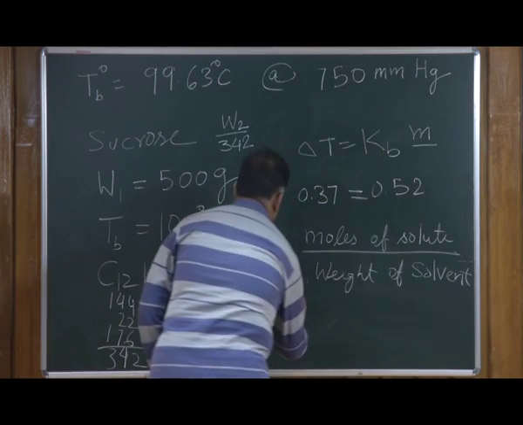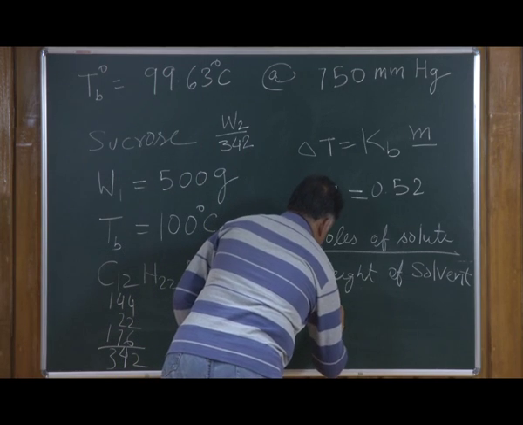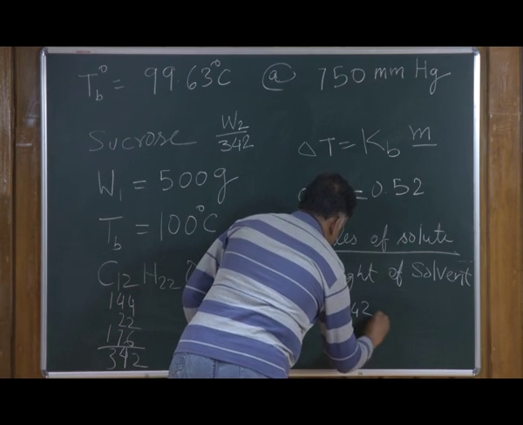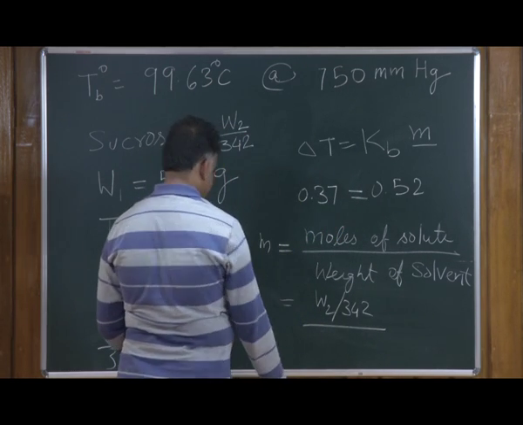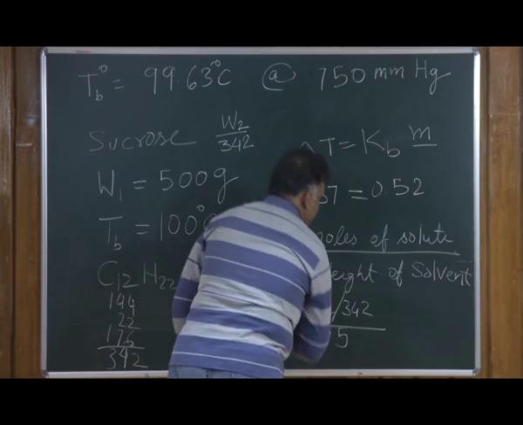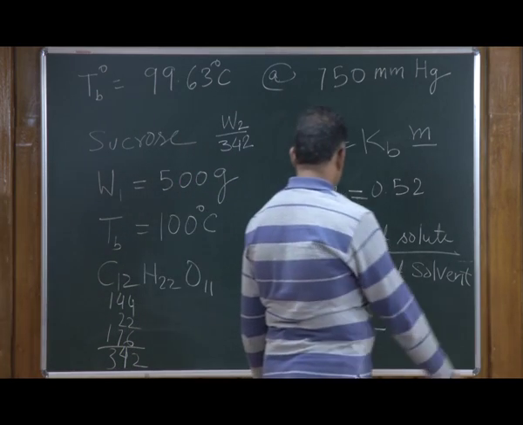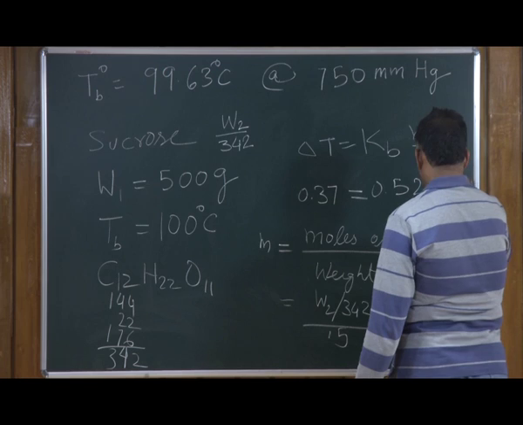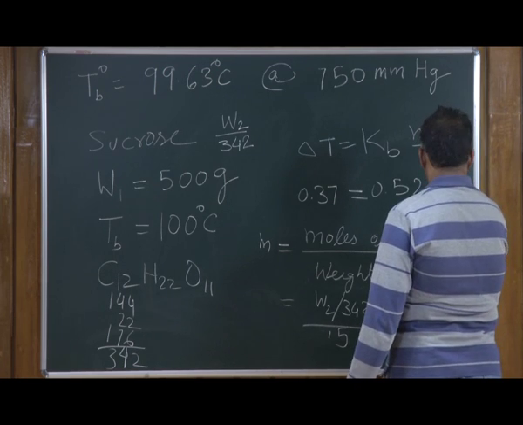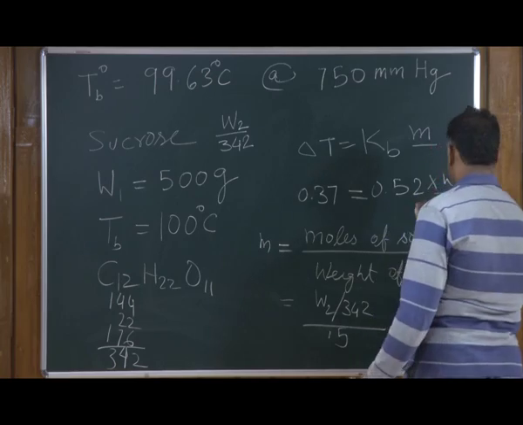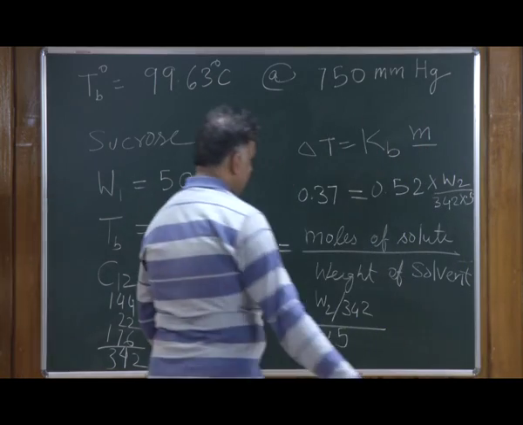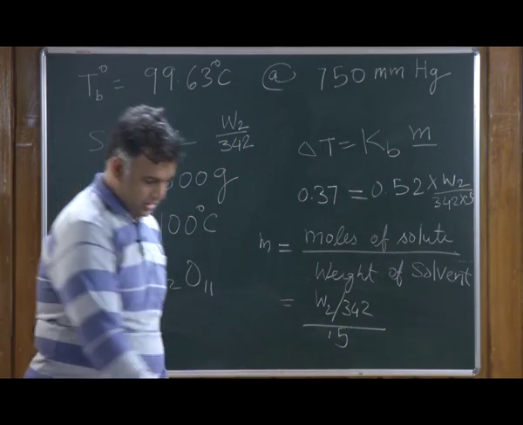So, moles of solute is W2 divided by 342, divided by weight of solvent in kg, that would be 0.5. We take this information and put it right in here, W2 divided by 342 into 0.5. One equation, one unknown, we solve it and we will get the answer.